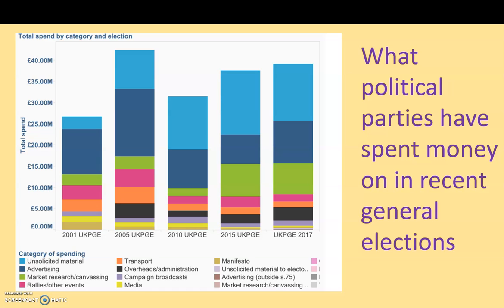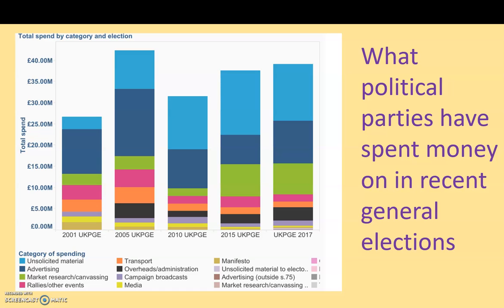This graph here shows you from 2001 onwards, so 2001, 5, 10, 15, and 2017, what parties spend their money on. So unsolicited material, which is the light blue one at the top, that's direct mail. When you've had letters from, say, David Cameron or from Ed Miliband or from Labour in general to your address.